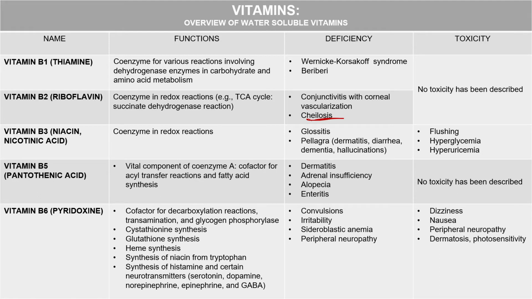But what you need to know is that when you have a patient that is a chronic alcoholic and he has Wernicke-Korsakoff syndrome, all you need to do is to give him vitamin B1 as well as glucose, because vitamin B1 is involved in metabolism of carbs.